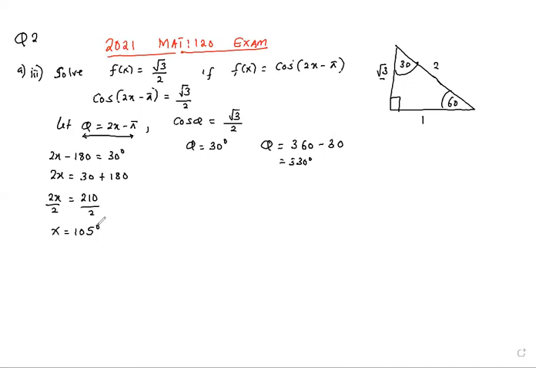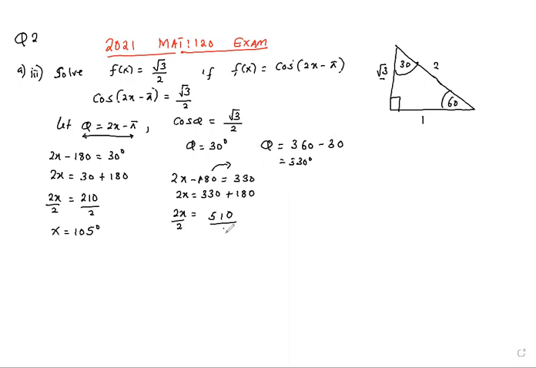The other one: 2x minus 180 is equal to 330. Take this to the other side: 2x is equal to 330 plus 180, that is 2x is equal to 510.